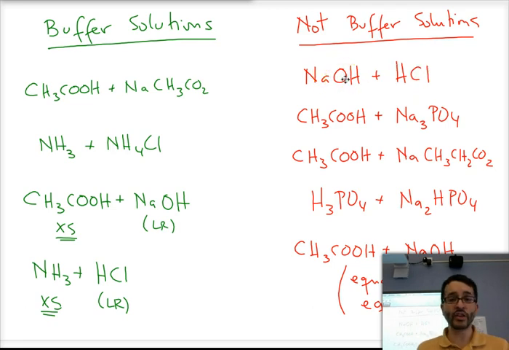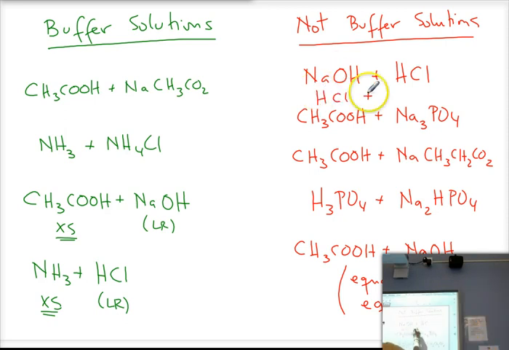I'm also going to add another non-buffer solution that is not there. If you put a strong acid and the salt of its conjugate base, that's still not going to act as a buffer.